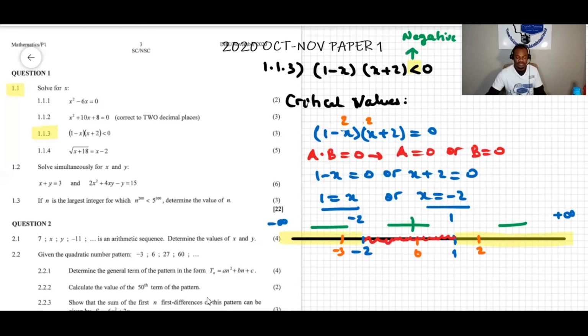So we can write x is less than -2 or x is greater than 1. Or we can also write it as x is an element of (-∞, -2) union (1, +∞). So there are different ways of writing the solution.